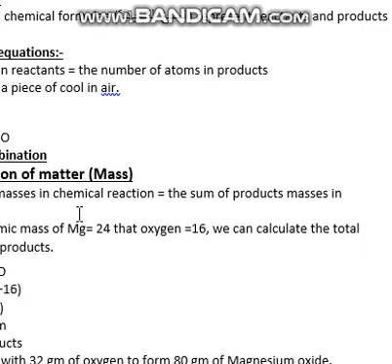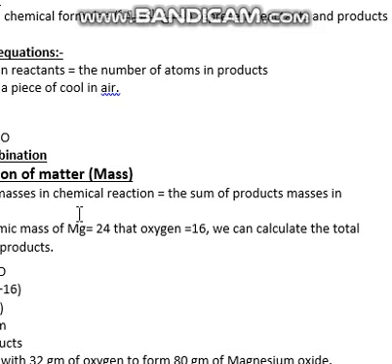Perfectly. 2 times 24, 24 is the mass of magnesium, and 16 is the mass of oxygen. You are given these in the problem, not to remember, but to help you solve the law of conservation of mass. 2 times 24 equals 48, and 2 times 16 equals 32, so the total is 80 grams. Second, the total mass of products: 2 times 24 plus 16, magnesium oxide.